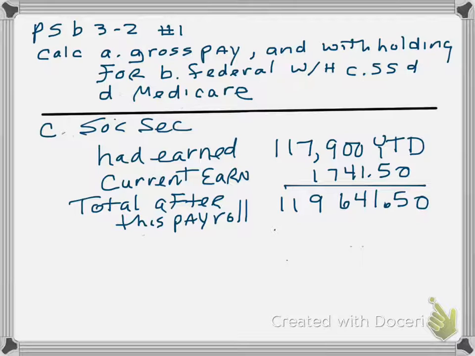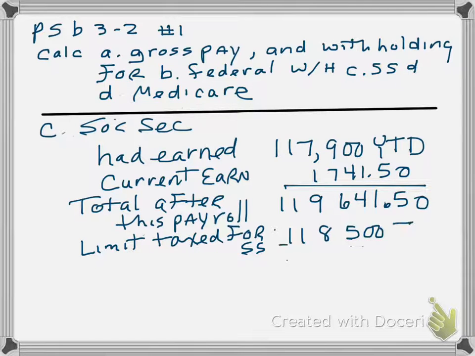But hey, there's that limit. So we are going to subtract the limit or threshold taxed for Social Security, and this changes generally every year, of $118,500, which means that after this pay period, if we taxed it all, we would be $1,141.50 over the limit.